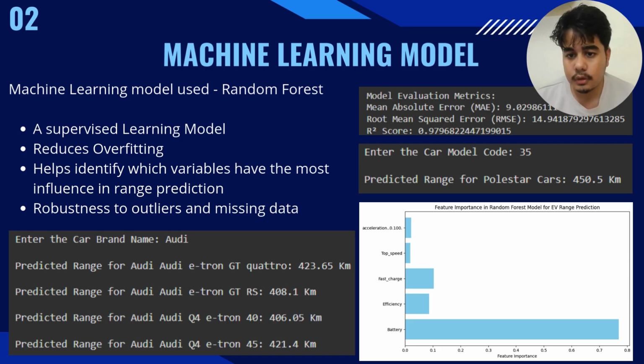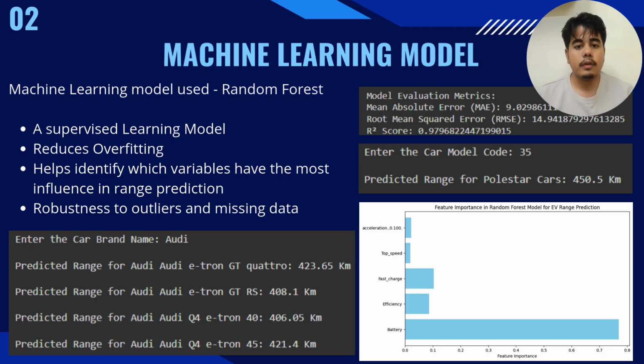And if you see on the bottom left screen, we have also developed a program which asks for user prompts. So let's say if I enter Audi, it would give me the prediction range for all the Audi models.